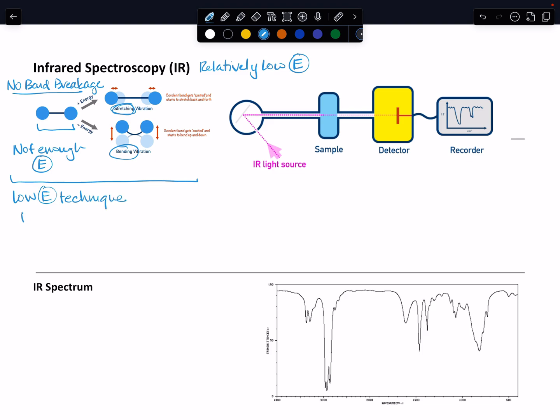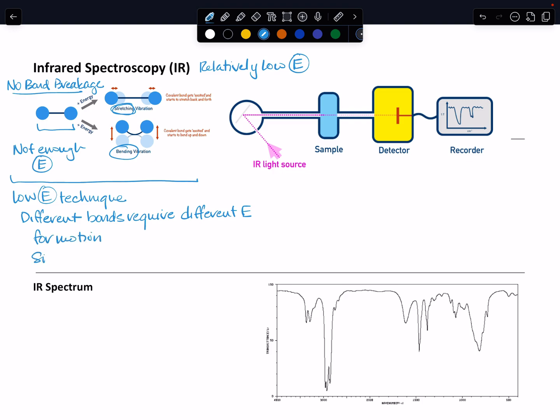And you get different bonds requiring different amounts of this energy to move. That makes sense if you think about it.